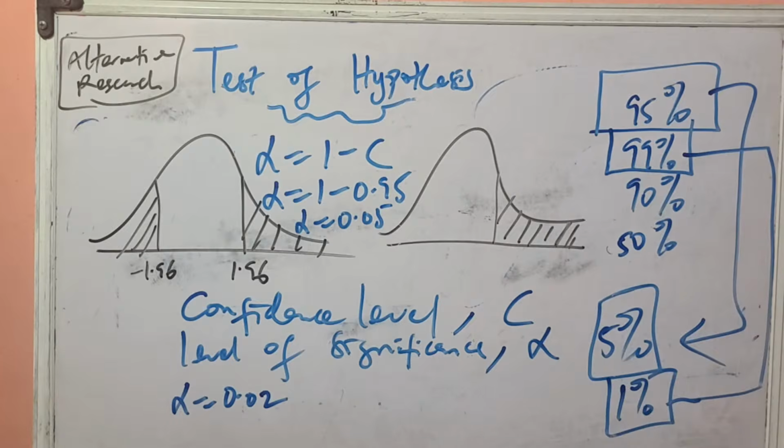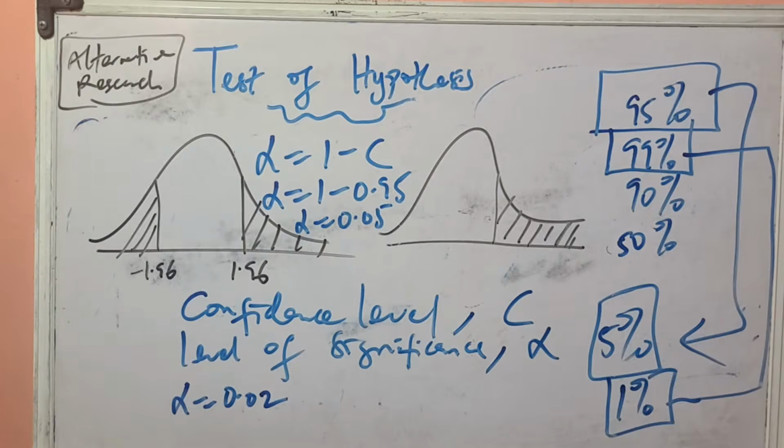Denoted as alpha, it is defined as a fixed probability of wrongful rejection of the null hypothesis when in fact it is true. Guys, the level of significance is stated to be the probability of type 1 error. Note that, very, very important.